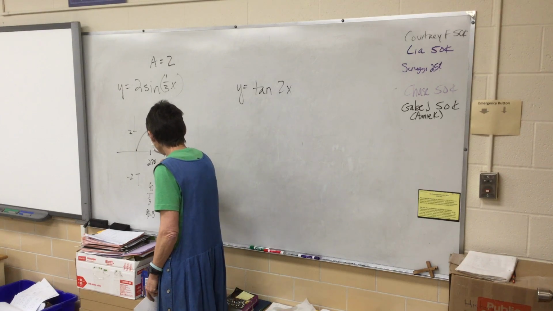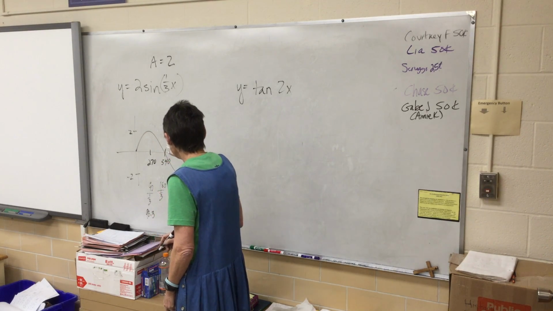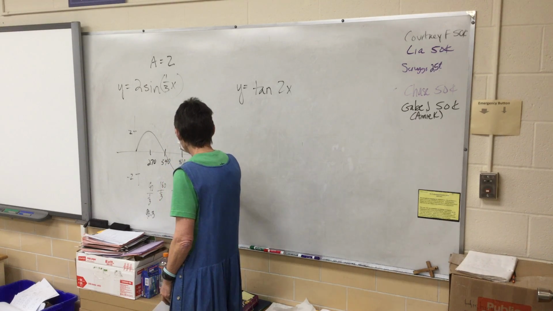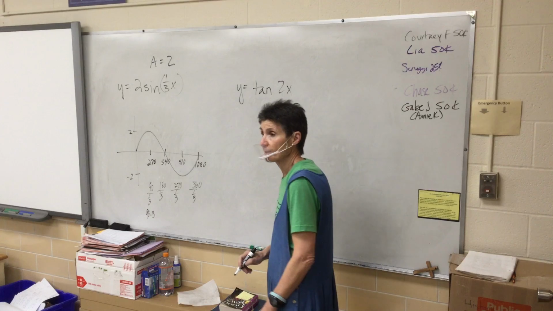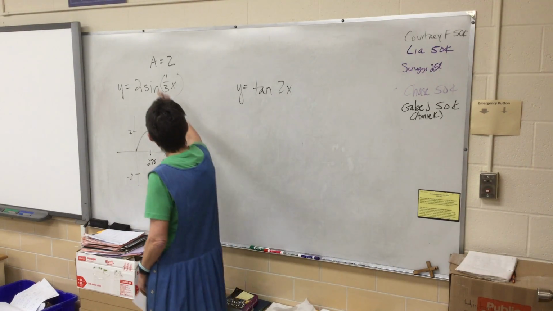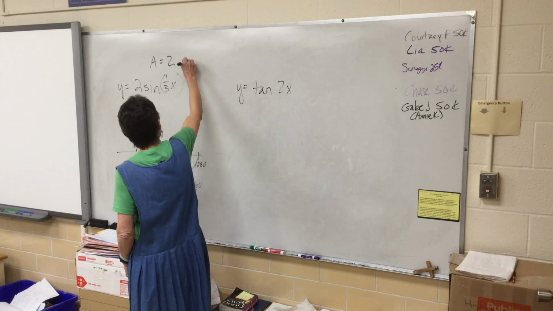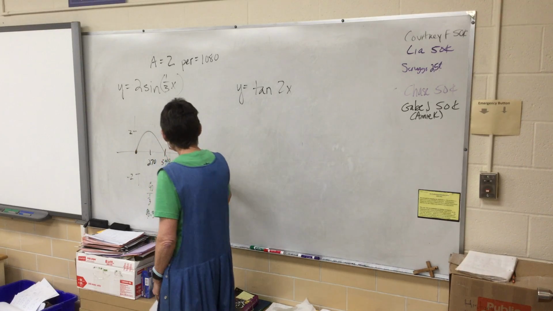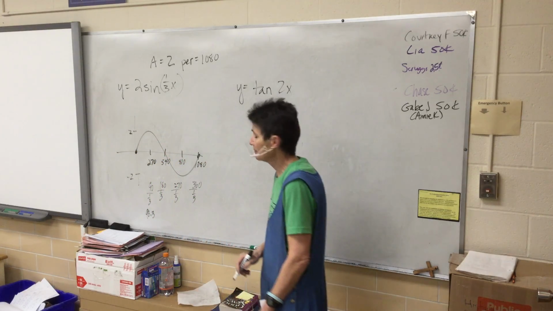And then this one will be 540, and this one will be 810, and 1080 again. So my amplitude was 2, and my period is 1080. From here to here is your period, start to finish.